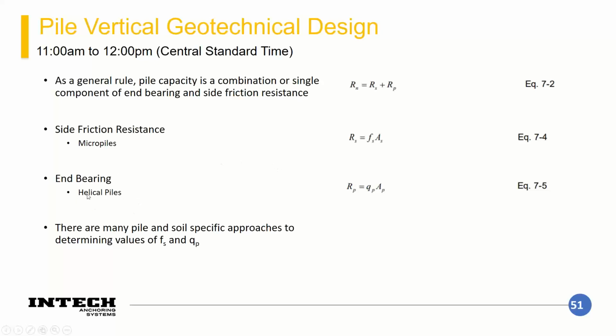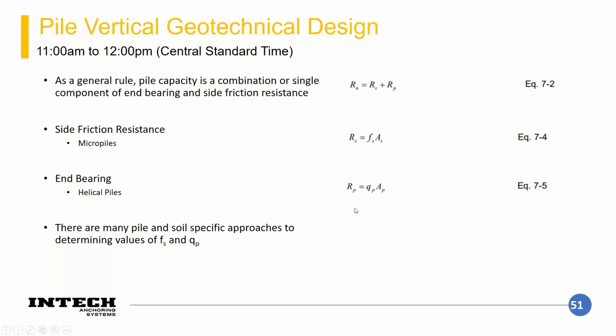And then you've got end-bearing piles like helical piles where you've got some sort of end-bearing resistance that's going to be given as a pressure, so pounds per square foot, kips per square foot, whatever it may be, and then the area of that tip.